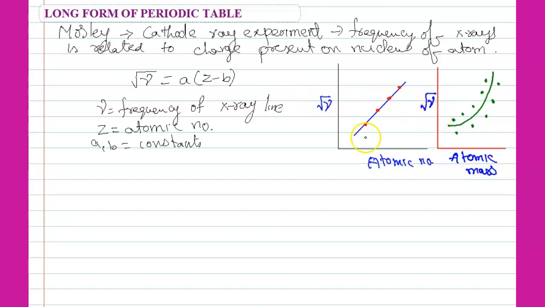But if we take the first graph, with square root of frequency on the y-axis and atomic number on the x-axis, we get a straight line. This straight line gives a relation. That means it follows the atomic number only. So an element is characterized by its atomic number, not by atomic mass. Is it okay, students? So he gave a conclusion based on these graphs.